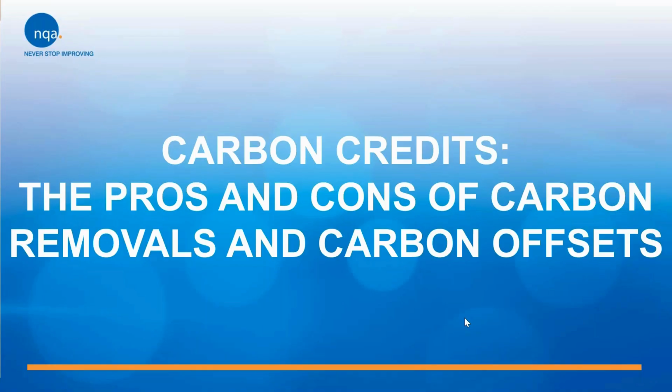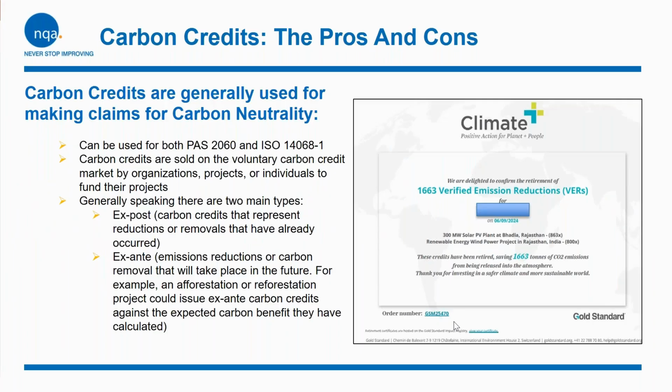So your carbon credits, so the pros and cons of carbon removals and carbon offsets. Carbon credits are generally used for making claims for carbon neutrality. So they're used for both PAS 2060 and ISO 14068-1. Carbon credits are sold on a voluntary carbon credit market by organisations, projects or individuals to fund their projects. Generally speaking, there are two types.